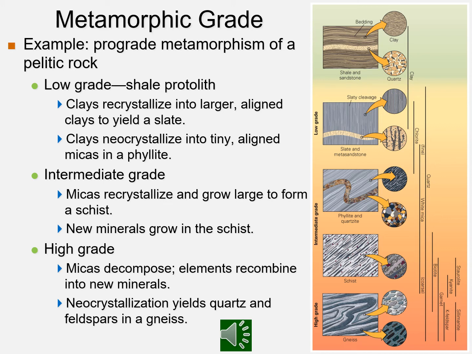The reactions also release water, which escapes. In our example, metamorphism takes place under differential stress, so the micas grow wide with a preferred orientation, and the rock becomes a schist. During metamorphic reactions under high-grade conditions, yet another assemblage of minerals forms.